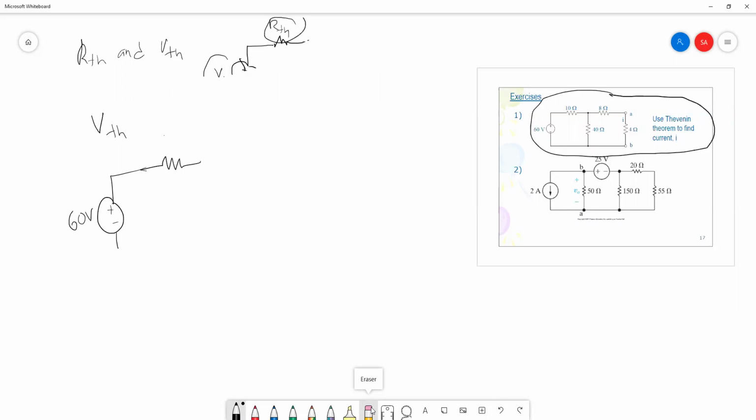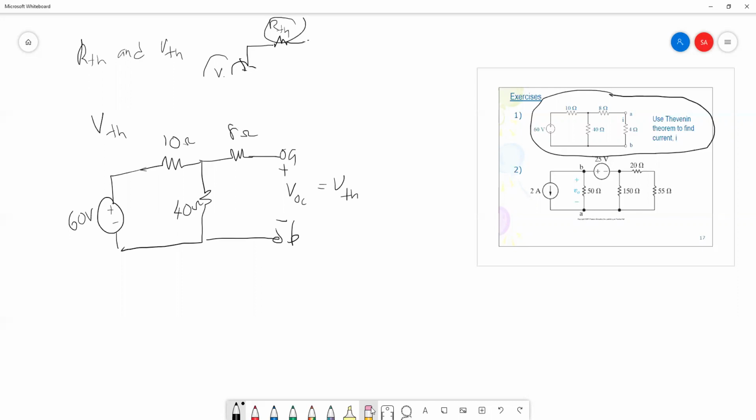You have a resistor 10 ohm, 40 ohm. This is 8 ohm, and this is the load terminal A and B. So what you need to do is to calculate this VOC. So this voltage is your VTH. So you need to calculate the VOC.